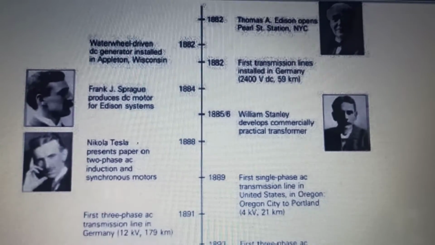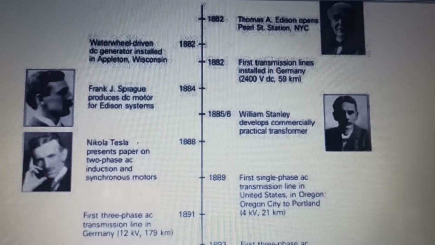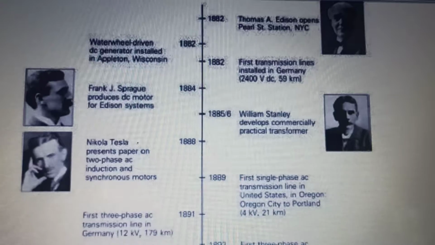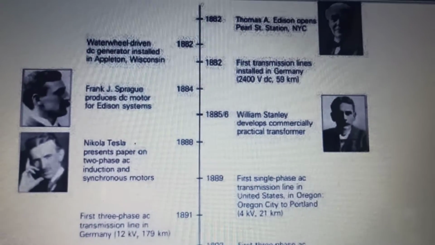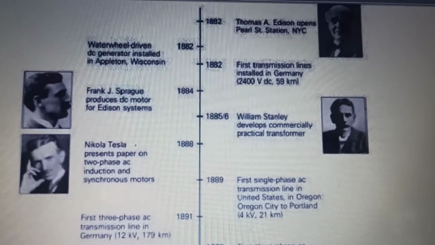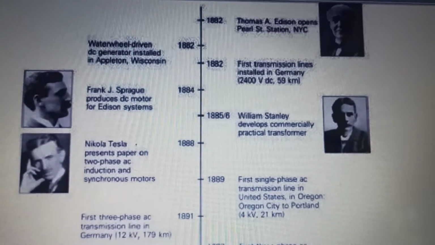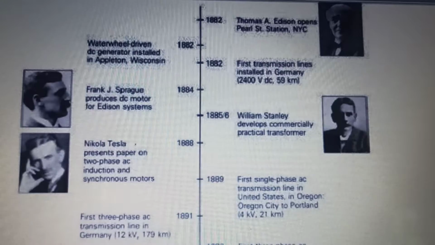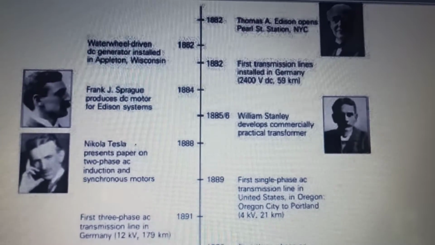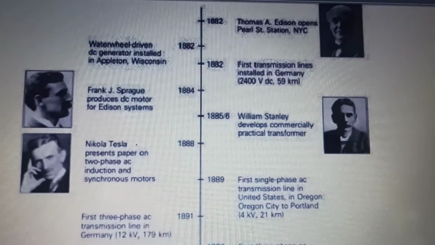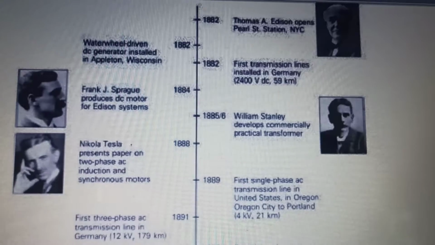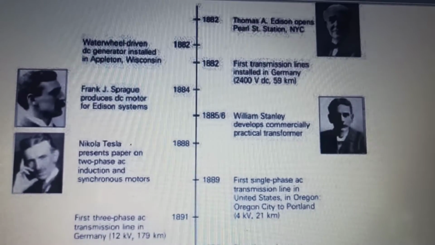Today we are using 33 kV, okay, 11 kV, okay. But when the origin was there, when the start was there, the transmission lines installed in Germany were operating at 2.4 kV, functioning on DC, and were having a length of 59 kilometers. Is it clear? Yes, it's quite clear.